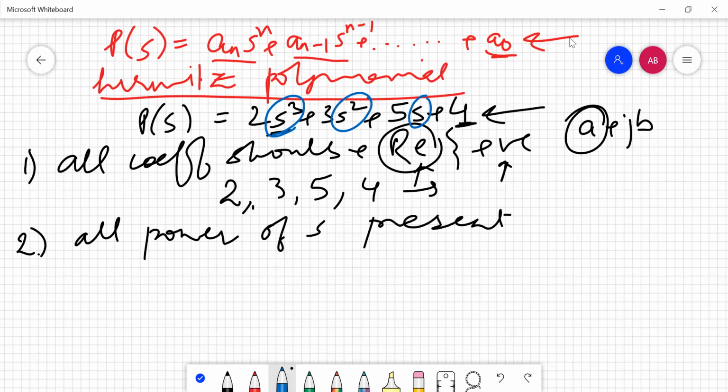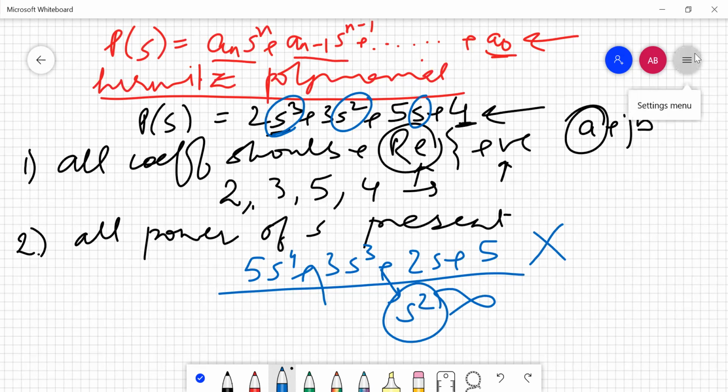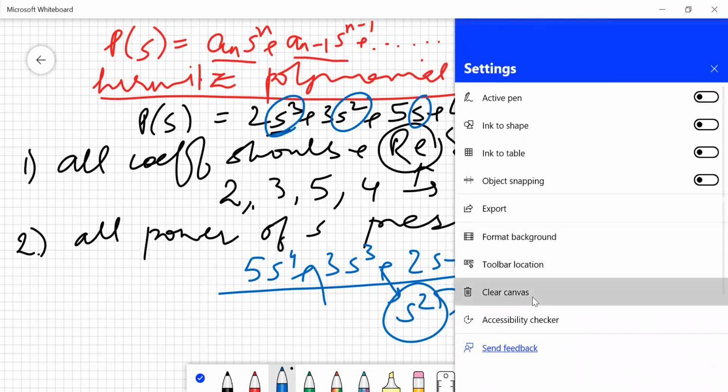If some polynomial is given like 5s^4 plus 3s^3 plus 2s plus 5, directly on looking at it you are going to say that this is not a Hurwitz polynomial. And why? Because the s^2 power is missing in this polynomial. So these are the first two properties that we have just discussed.